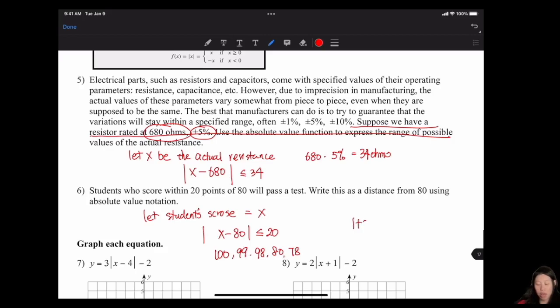We want the value, positive or negative, to be less than 20. We want X minus 80 to be between positive 20 and negative 20. So they can go from 100 to 60, because if the student scores 60, 60 minus 80 equals negative 20, still within the 20 point range.